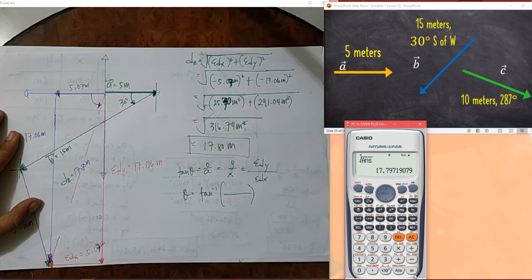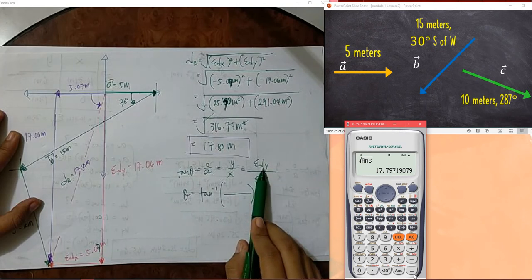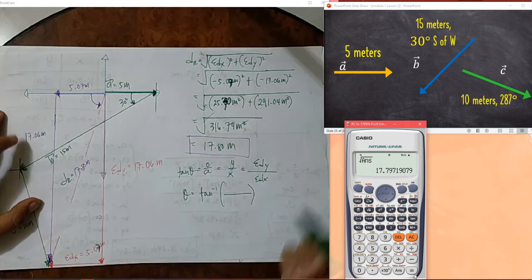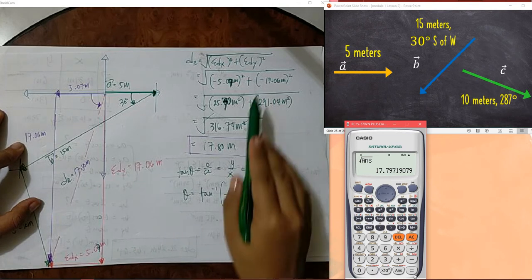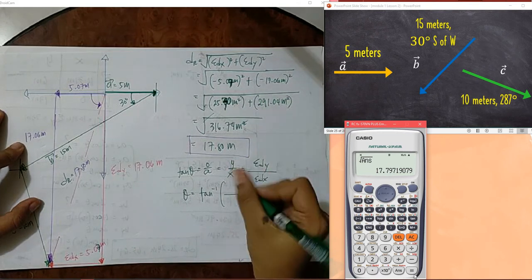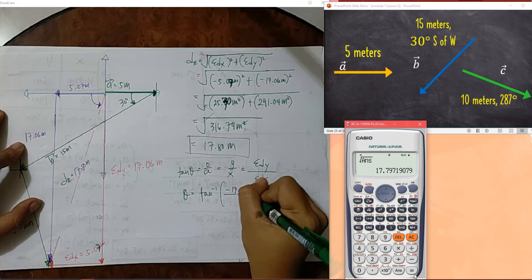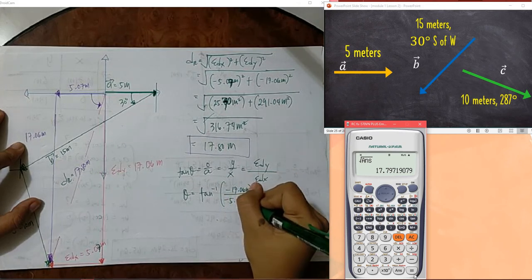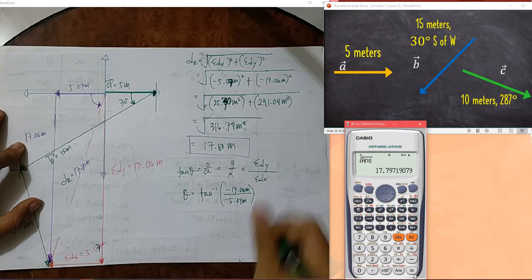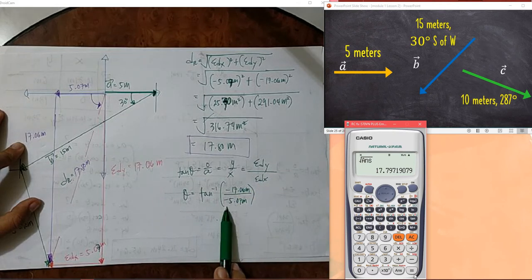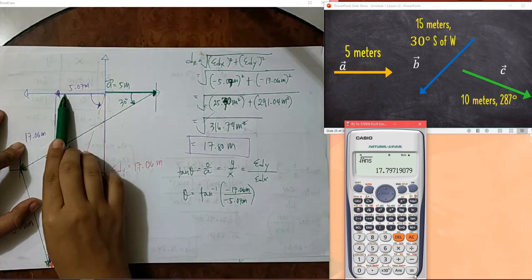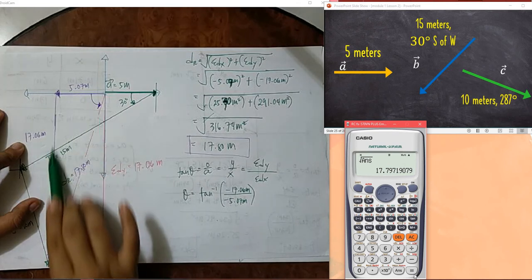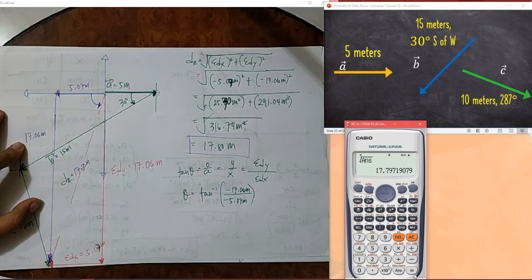So, yung value ng d sub y natin is 17.06. Pero we have to put the negative sign. So, negative 17.06 meters divide negative 5.07 meters. Again, nilagyan natin ng negative signs dito because this is lying on the negative x-axis, tsaka this is lying on the negative y-axis.